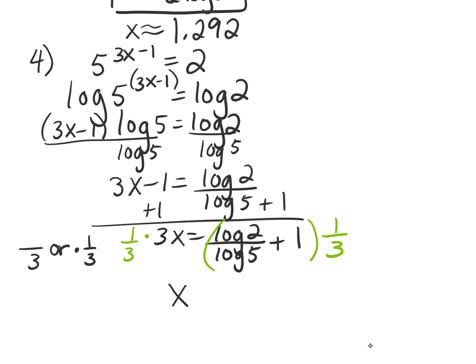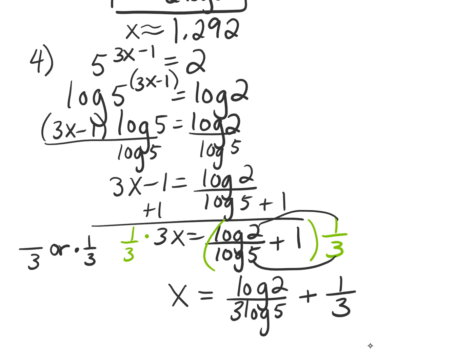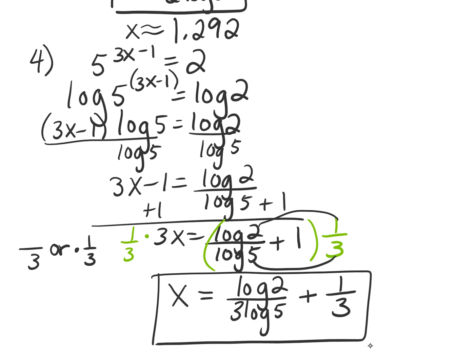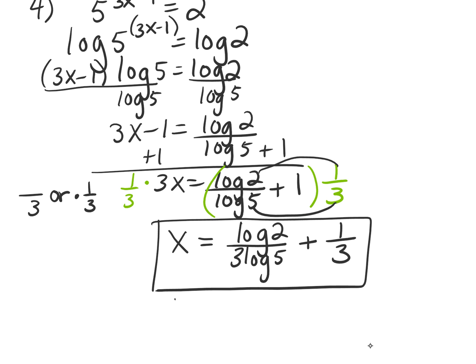So this will still cancel on the left, but 1 times log 2 is log 2 on the top, and then 3 times log 5 on the bottom is 3 log 5, plus 1 times 1/3 would be 1/3. So that would be how you could give your exact answer, and then you would type it in the calculator. Again, using the fraction tool for probably both of them. I'm not going to go back and type this one in. You get a shot to try that on your own and make sure it comes out okay.